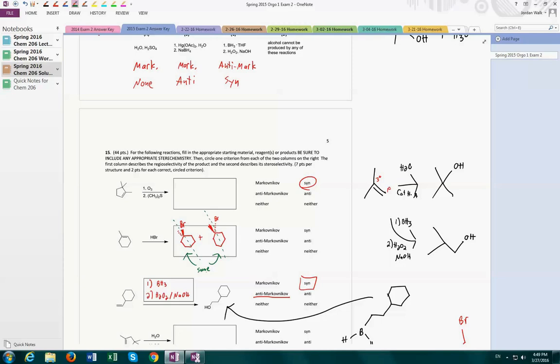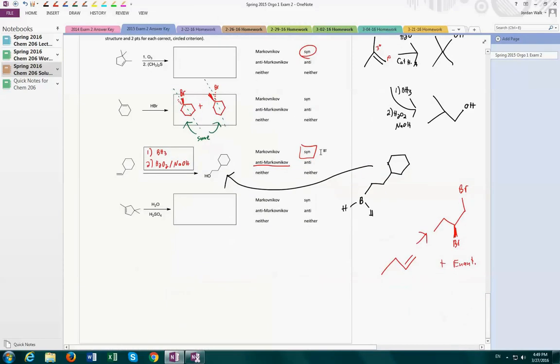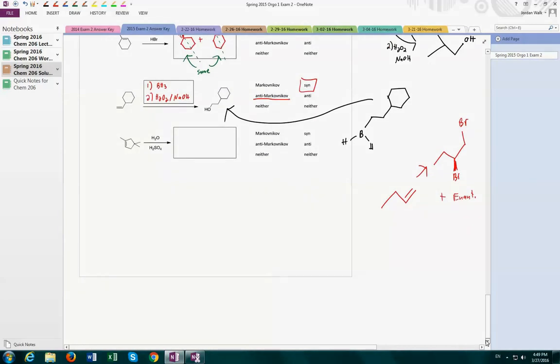Do you have a specific example? For one of the homework problems, we broke a cycloalkane into a normal alkane, and one of the carbonyls is on one side of the alkane, and the other one is anti. I think I understand what you're getting at.